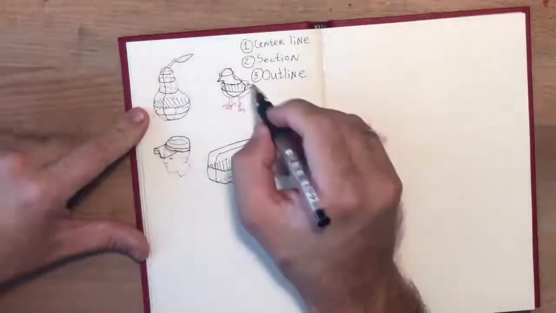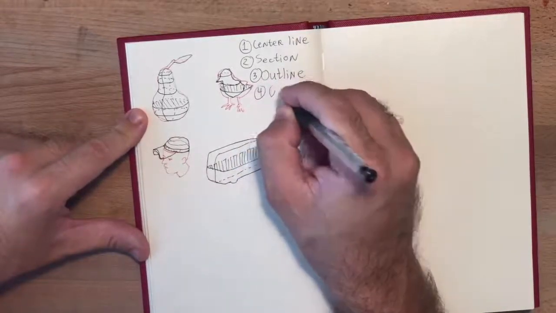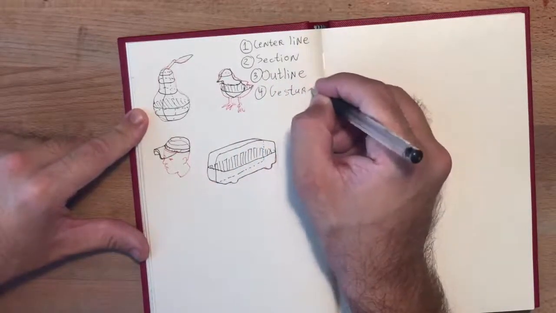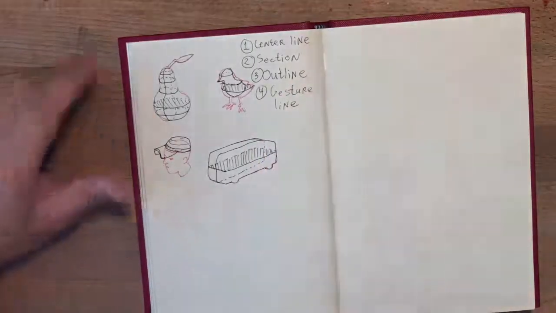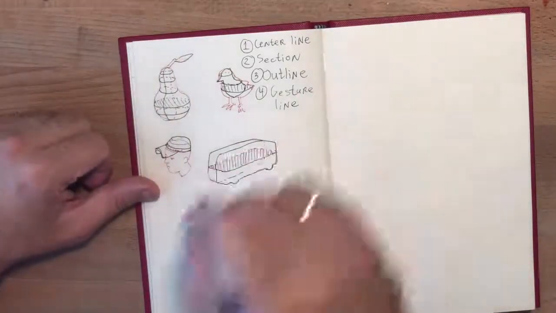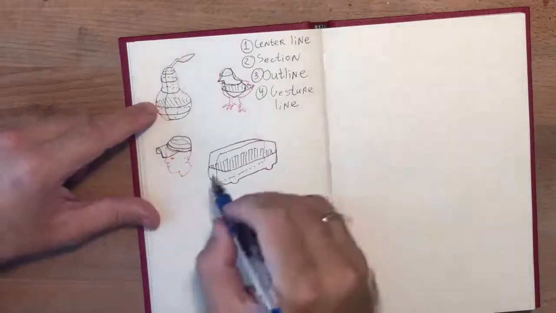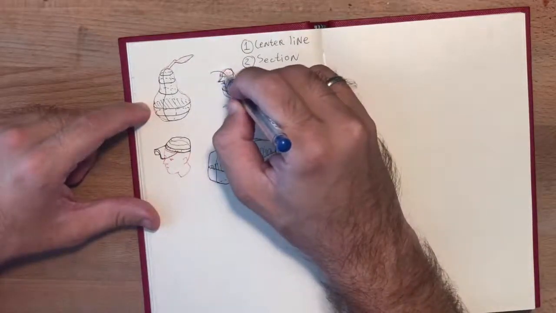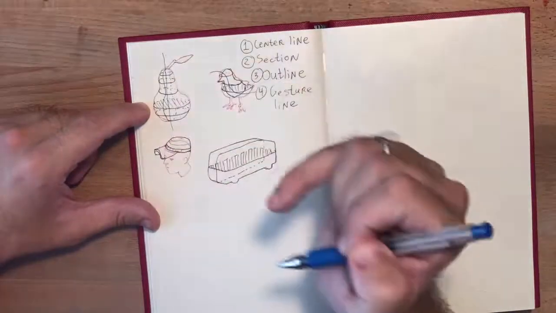And then the gesture line. The gesture line is a line which goes through the object, like on a chicken here it can be like this, and on the pear it is like this.